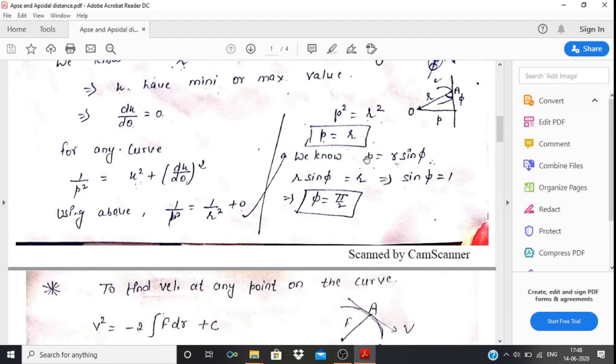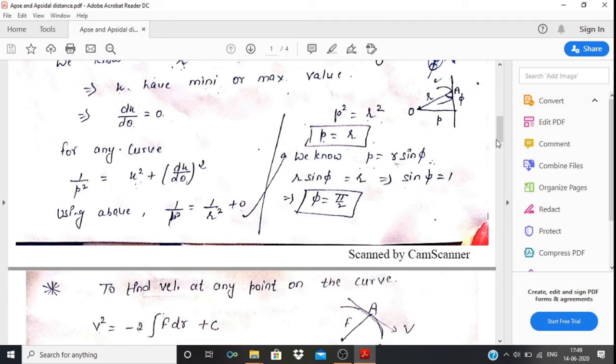Also, we know from calculus that p is equal to r sin phi, where p is the length of the perpendicular from the center of force to the tangent at A. And what is this phi? This phi is the angle between the radius vector and the tangent at A. By using the value of p is equal to r sin phi in this equation, we get sin phi is equal to 1. This is only possible when phi is equal to pi by 2.